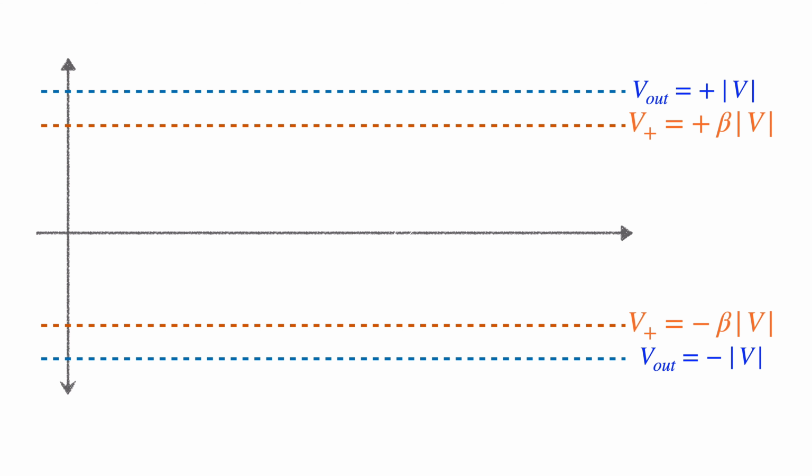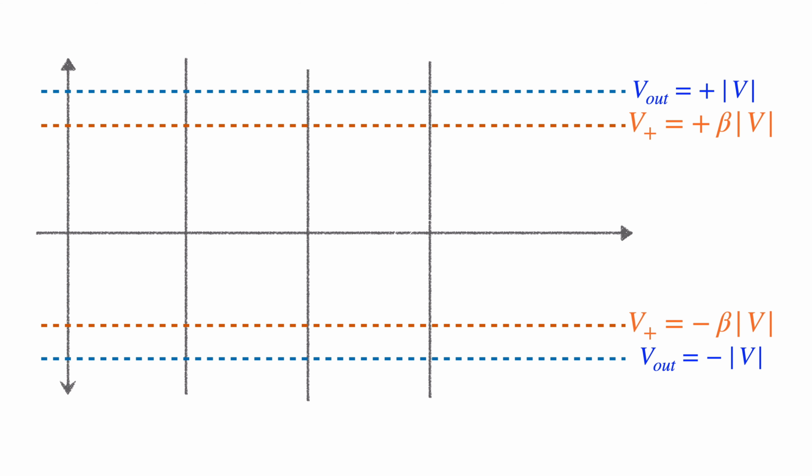At first, when t equals 0, let me draw two vertical lines. Suppose there is some noise at the non-inverting terminal. Then your output voltage will be set to a fixed positive value according to the op-amp.